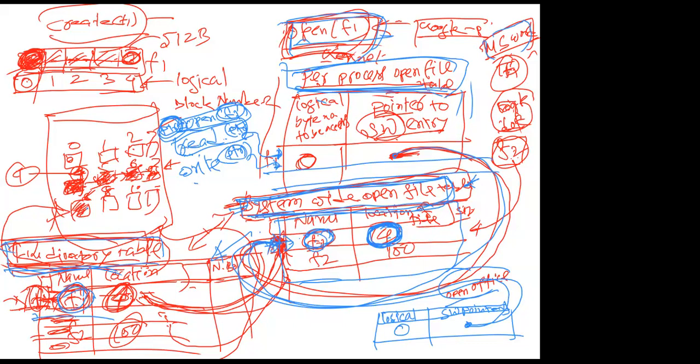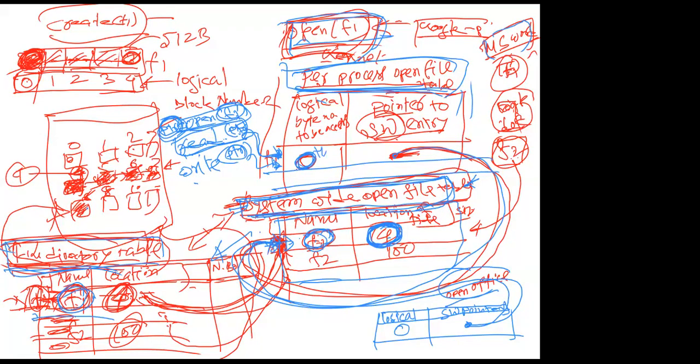Let's see the read operation. The read operation does the same thing. If you understand read, then write works in a similar way, and you can do the write operation as well. So let's see the read operation. After open, you do the read operation. First, you want to read byte number 0.